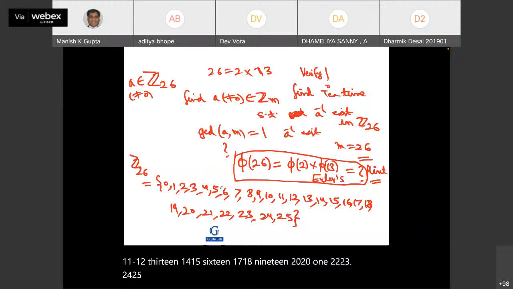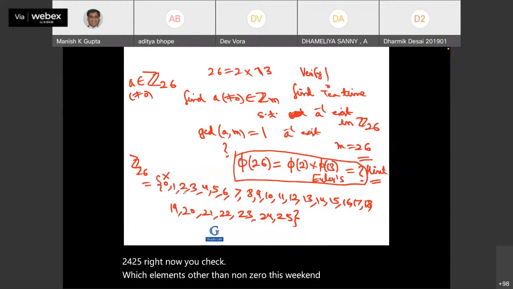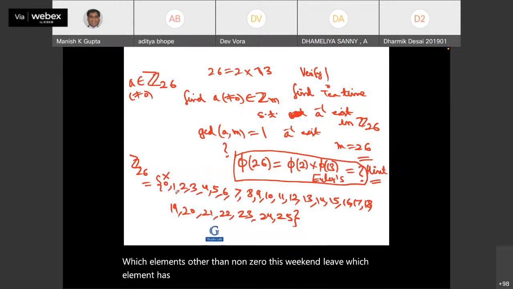Now you check which elements, other than non-zero, have GCD 1 with 26? 2 has GCD 1 with 26? No. What about 3? Yes. What about 4?